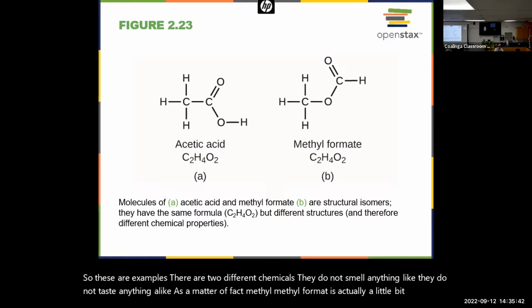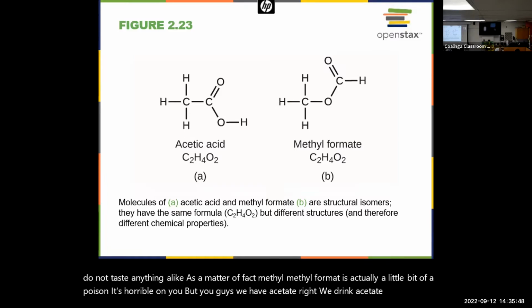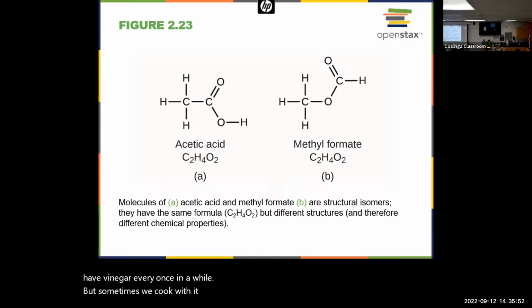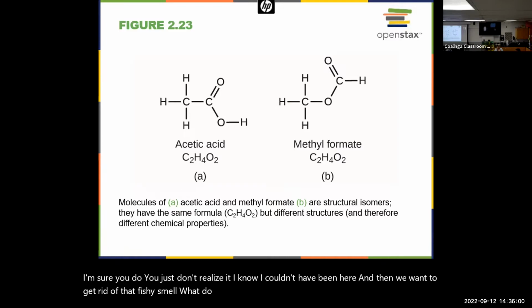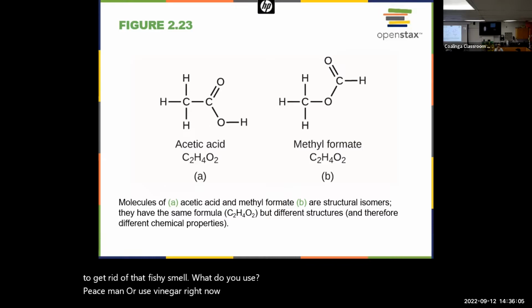It's horrible on you. But we have acetate, right? We drink acetate. We have vinegar every once in a while, on pickles, or sometimes we cook with it. You don't cook with vinegar? Yes, you do, you just don't realize it. I know I cook with vinegar. And when you want to get rid of that fishy smell, what do you use? You use lemon or you use vinegar. You pour vinegar down the sink, you get rid of that fishy smell.